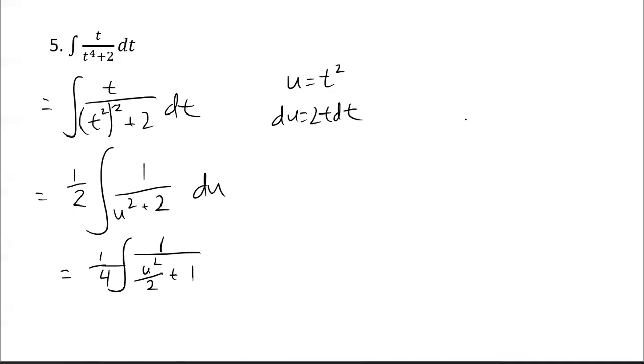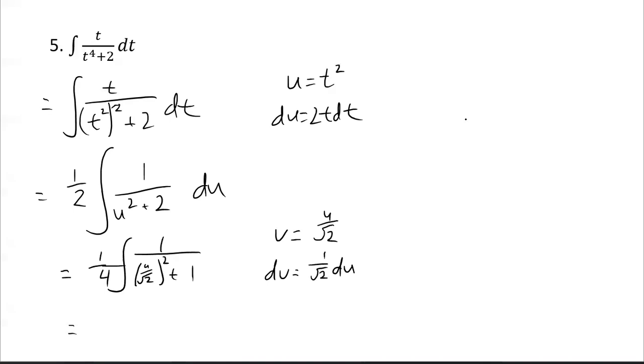All right. Okay. So, and then this u squared over 2, let's write it as u over square root of 2 squared. So now let's define a new variable. v is u over square root of 2. So dv is 1 over square root of 2 du.